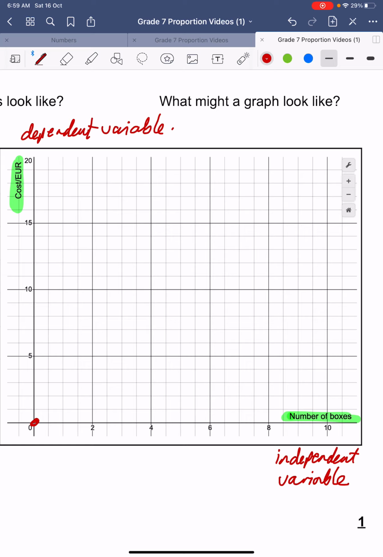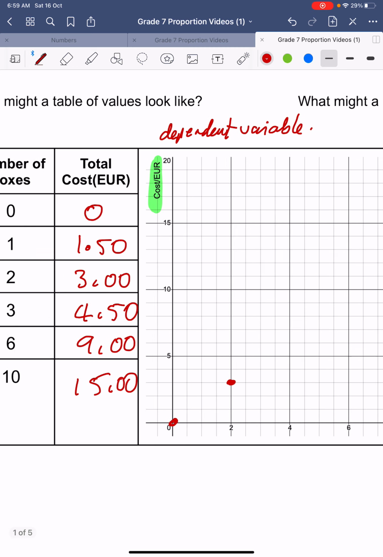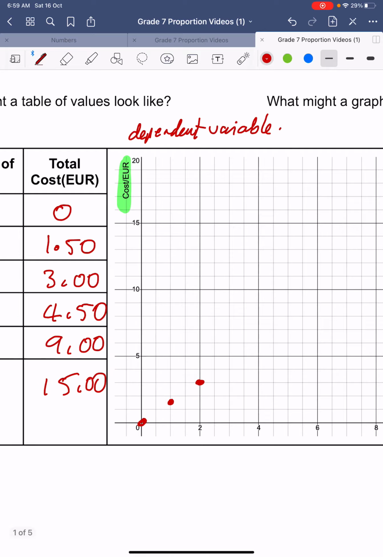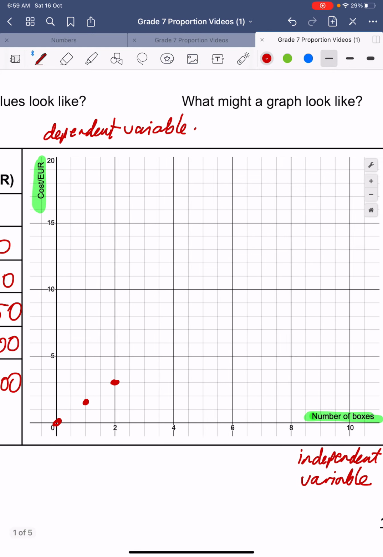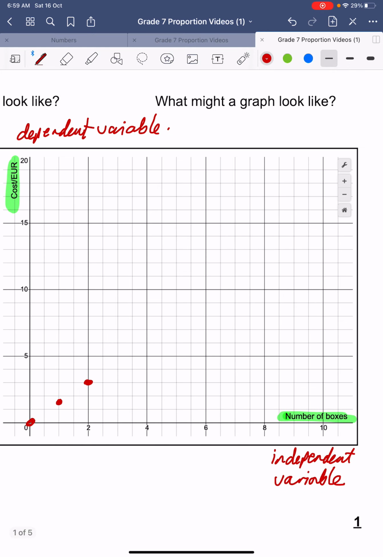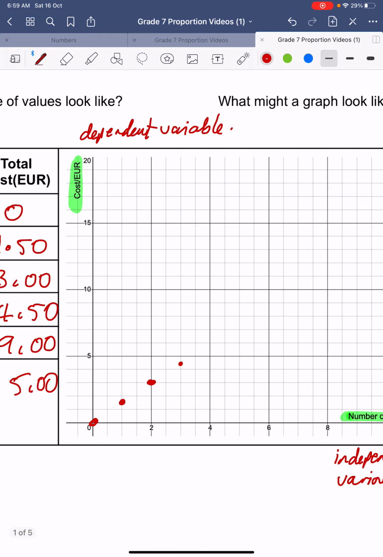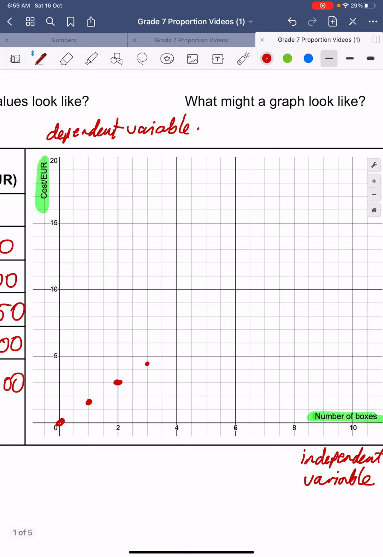And all that's left to do is to plot our points: 0, 0. 1 was 1.5. 3 was 4.5. 6 was 9, and 10 was 15.